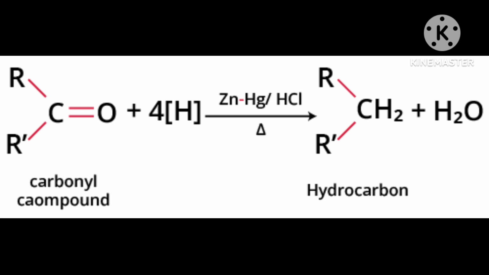This reaction will take place in the presence of NaBH4, that is sodium borohydride, or lithium aluminum hydride, as well as by catalytic hydrogenation. Okay. By reduction, aldehyde and ketone give alcohol. Particularly aldehyde will give primary alcohol and ketone will give secondary alcohol.